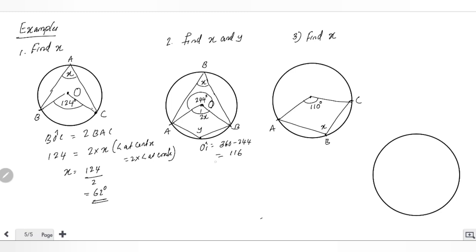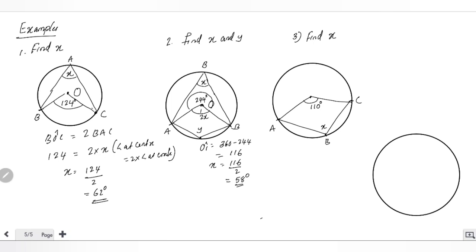So what is the value of x? This 2x is going to be 116. So 116 divided by 2, because whatever is at the center divided by 2 is going to be x. So it's going to be 58, right? Divided by 2, which is going to be 58.